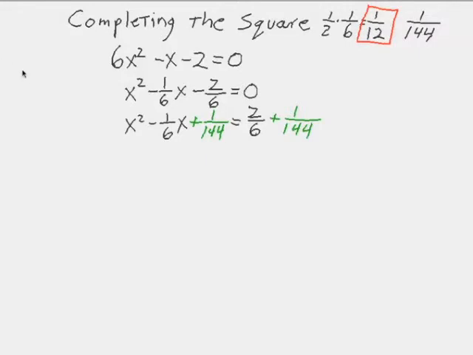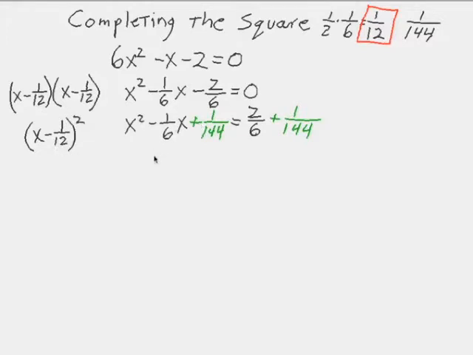Now remembering our perfect squares, I'm going to have x minus this half number that I remembered times itself, which I could rewrite as x minus 1/12 squared.